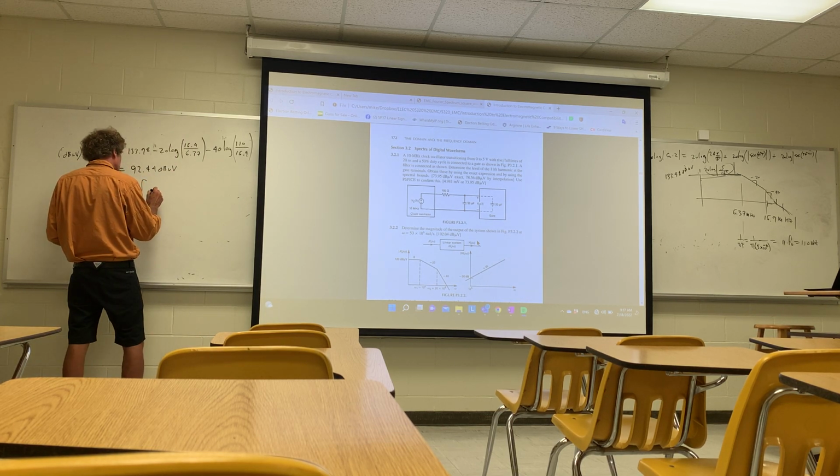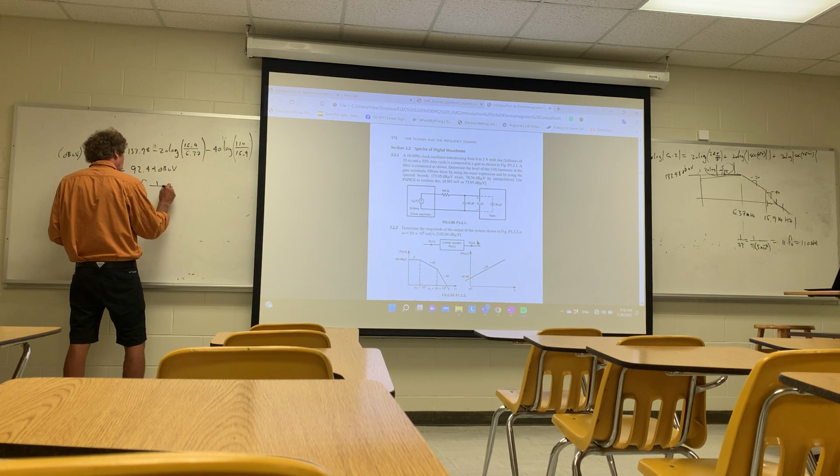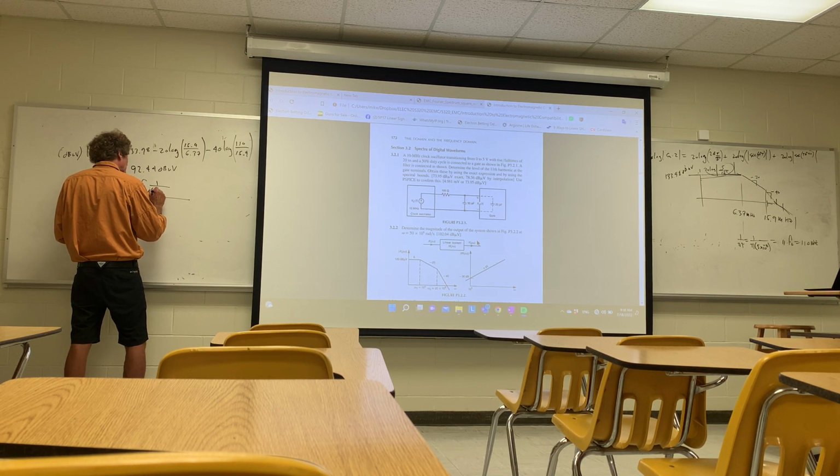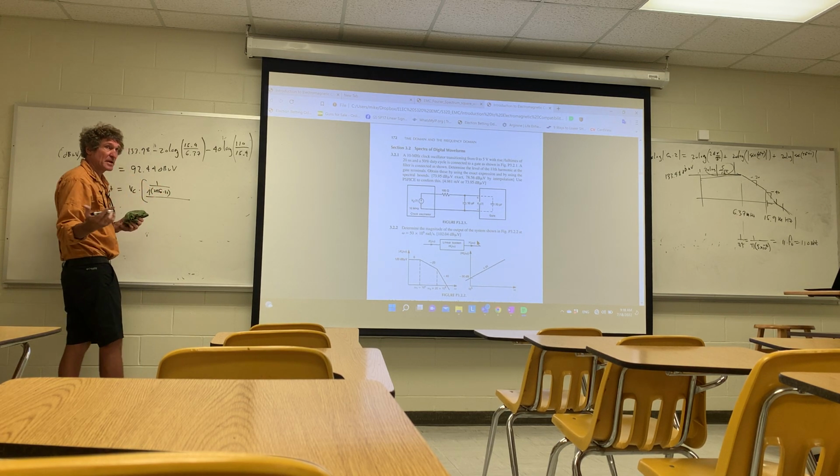The output impedance would be simply 1 over J omega C, right? Over the sum of, but this omega will actually be J times 2 pi F naught times 11. In other words, it would have to be at the 11th harmonic.